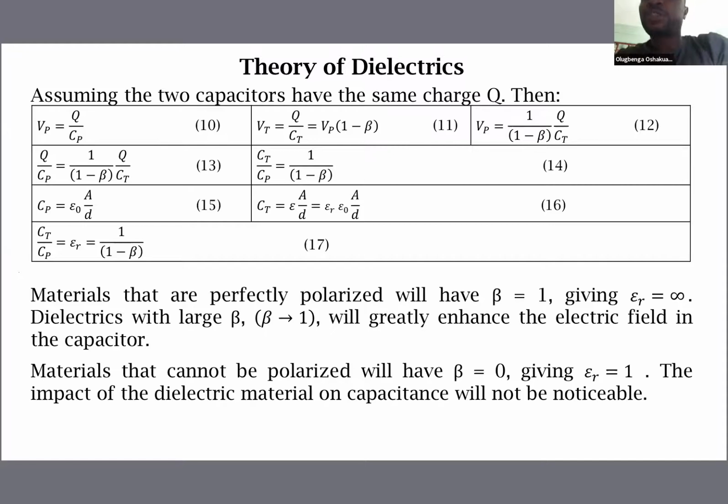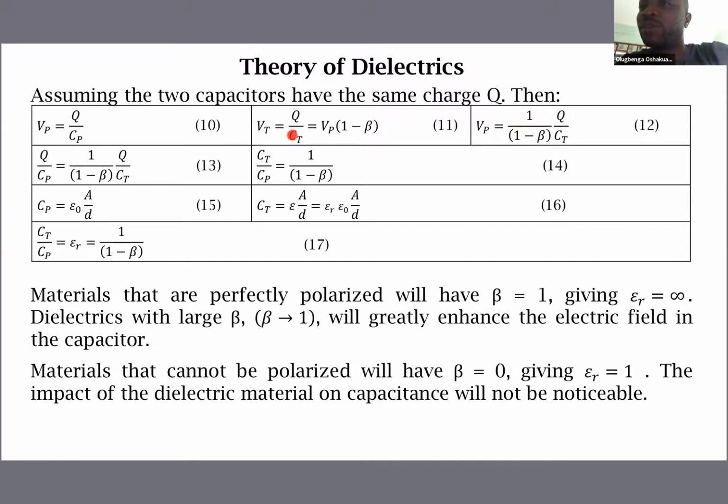So still on the theory of dielectrics, assuming the two capacitors have the same charge Q, then we can say that Vp equal to Q over Cp, just like we would have said that Vt equal to Q over Ct. The relationship between Vp and Vt is now what we have on the extreme ends of this equation.